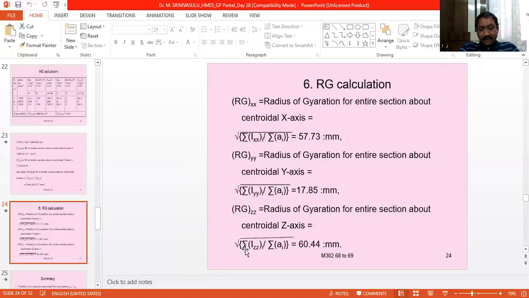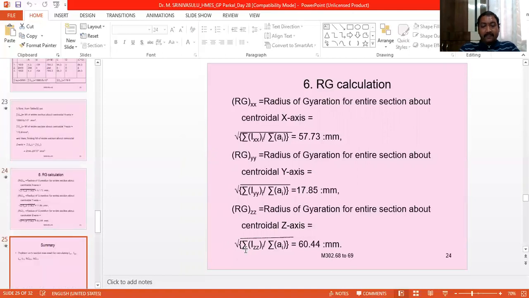So in this way, we have found the moment of inertia and the radius of gyration of the given figure about the x, y, and z axes. So this is the solution to our given problem.